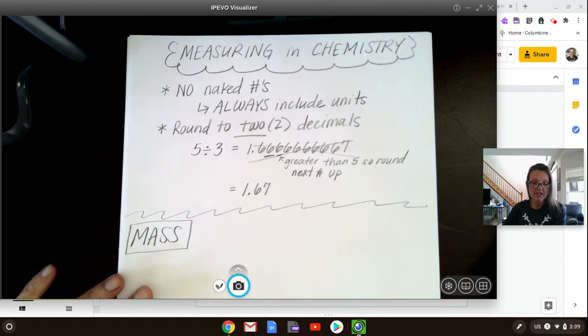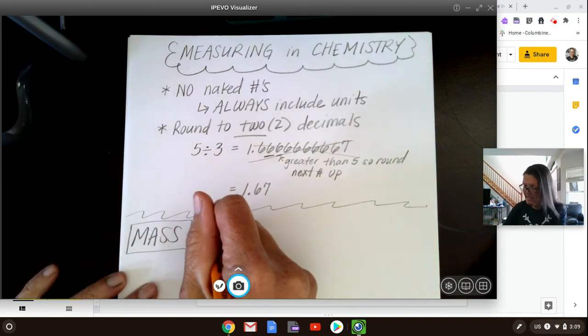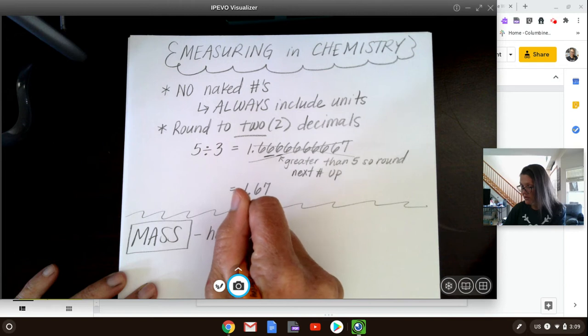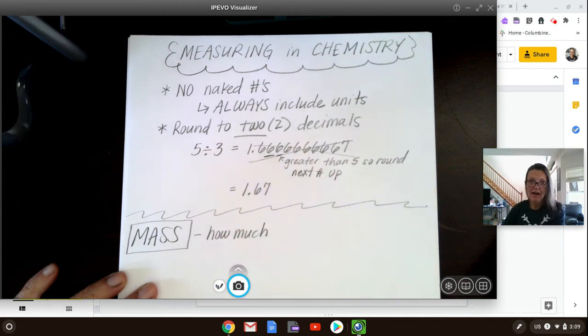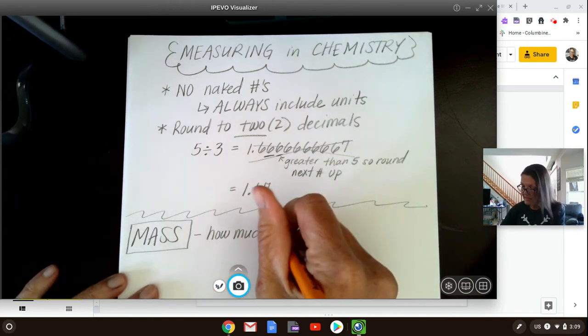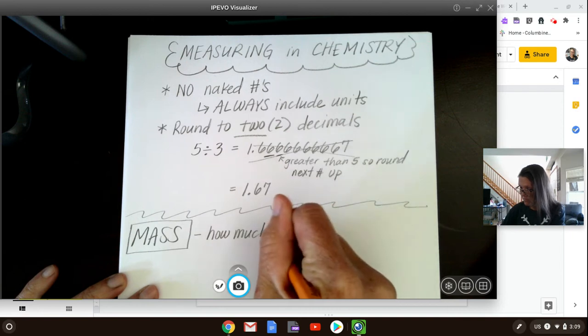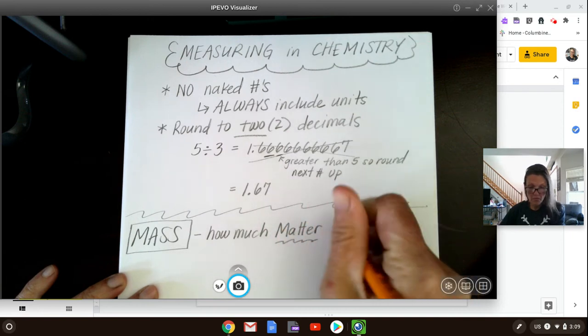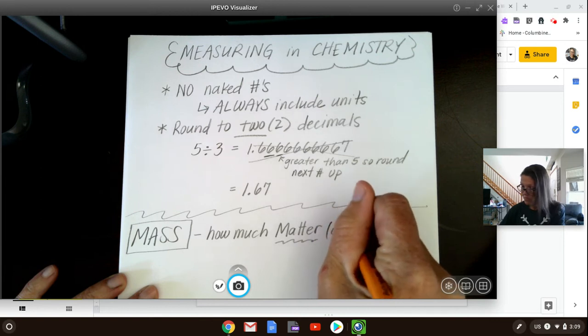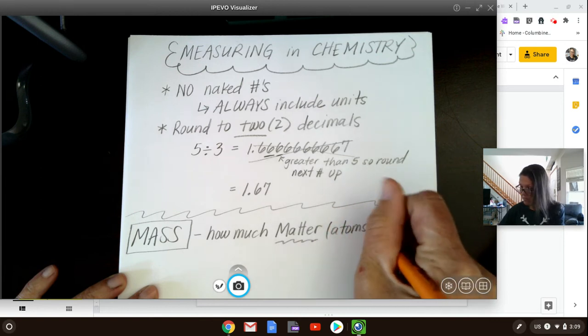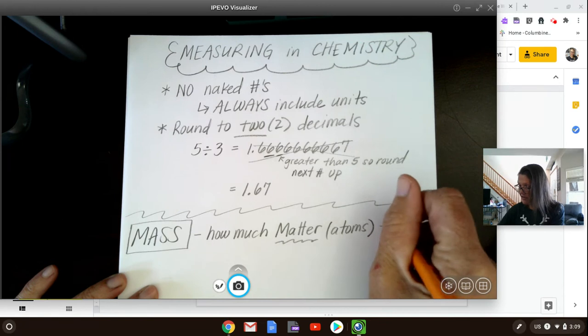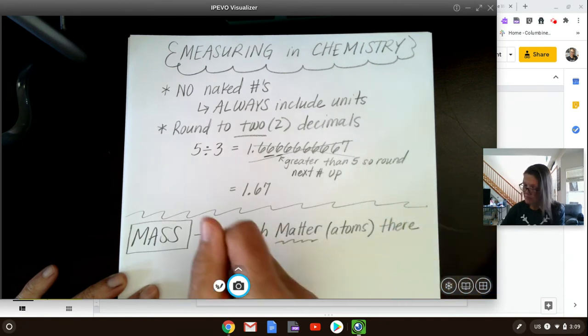Okay, and by definition, mass is how much matter or how many atoms are present. So how much matter there is in your sample.